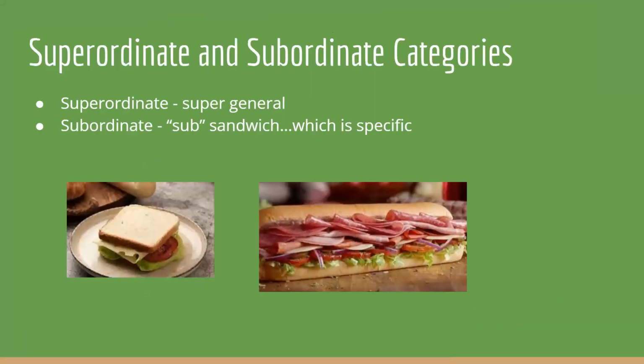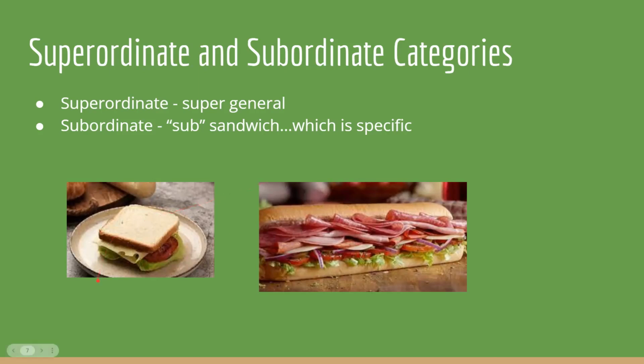Superordinate or subordinate categories. So superordinate is super general. So you got to know that. Super general, meaning non-specific. But subordinate, think of sub sandwich, Subway sandwich or something. This is specific. So when we're talking about something that's superordinate, it's the most general thing that there can be.